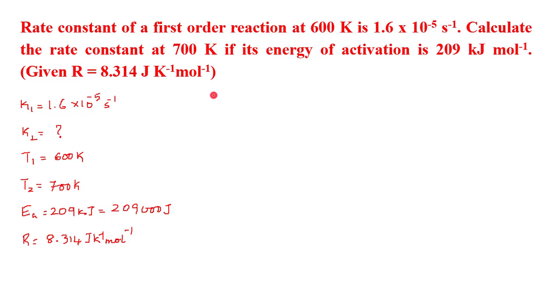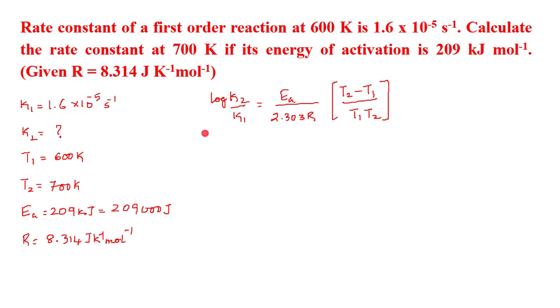So substituting these values, we'll start the calculation of K2. Log of K2 by K1 is equal to EA by 2.303 R into T2 minus T1 divided by T1 T2.